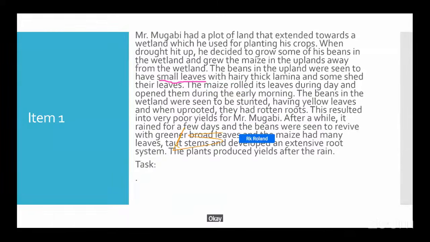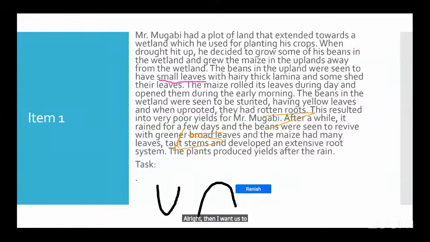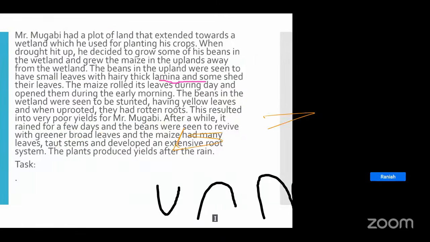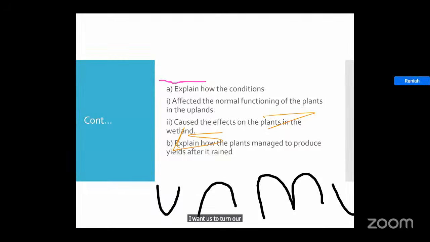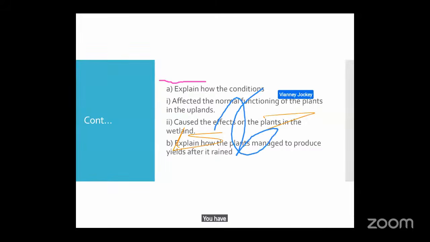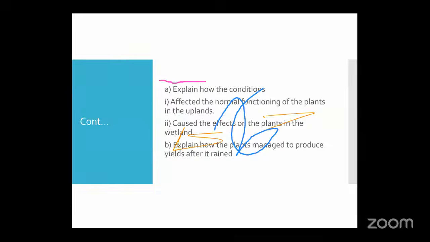All right, then I want us to turn our attention to how the wetland. That's Roman 2 then.